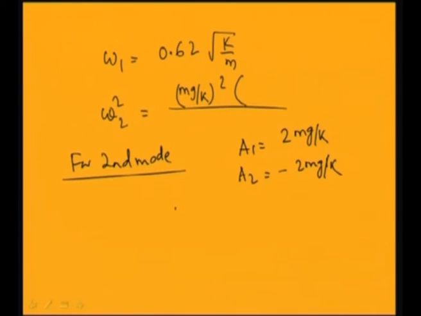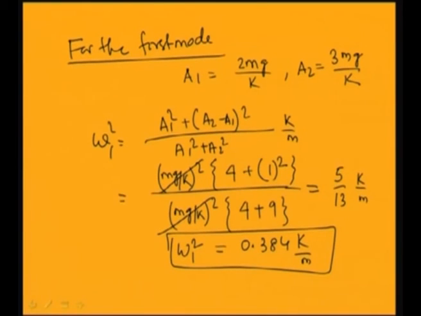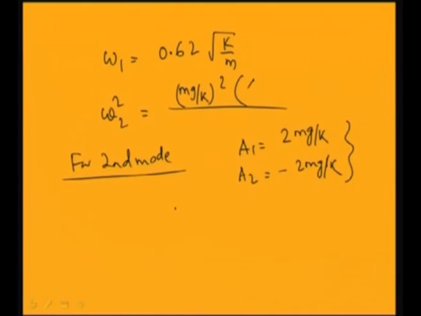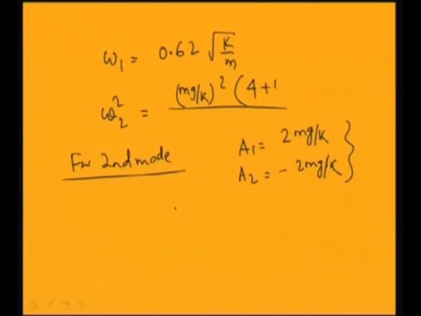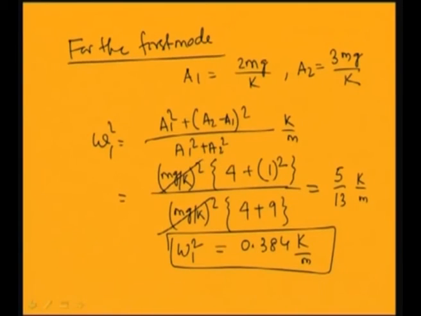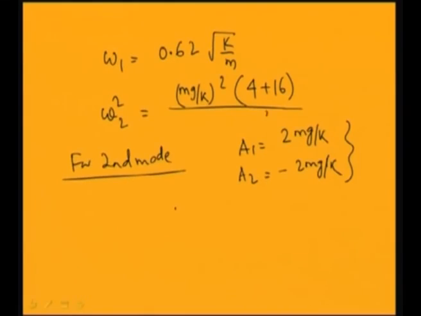Then a1 square will be 4, so this will be 4 plus (a2 minus a1), that is minus 2 minus 4, so minus 4 whole square, this becomes 16. So 4 plus 16 here, and below you are getting 4 plus 4, this is 8.